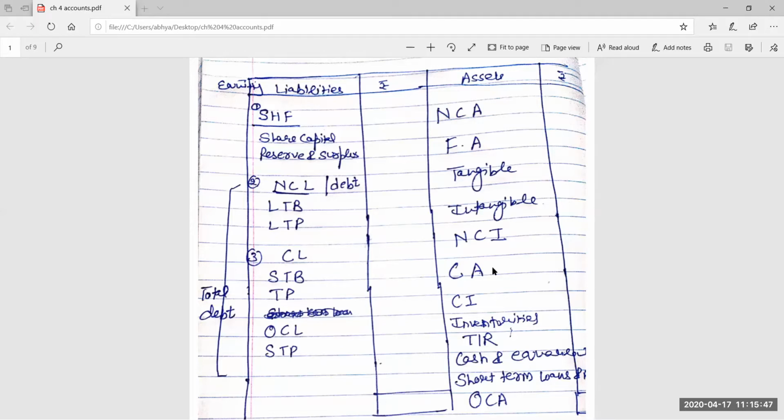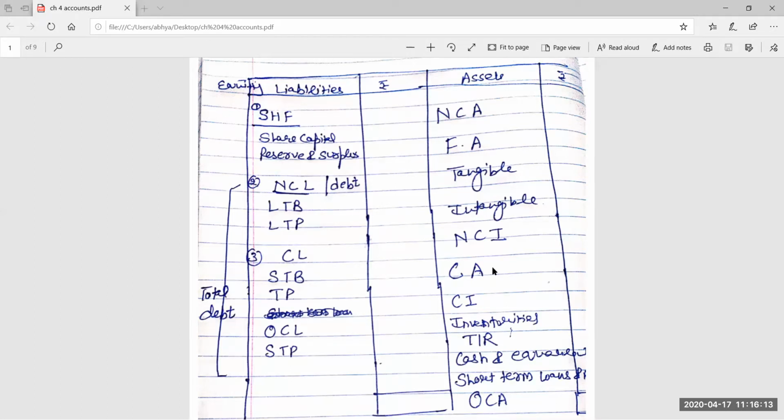Now current liability. In current liability, all the four subheads: short-term borrowings, trade payables, other current liabilities, and short-term provisions. Examples you all know; in chapter 1 we have already done. And one more thing: whenever in the question total debt is given, total debt means non-current liability plus current liability.